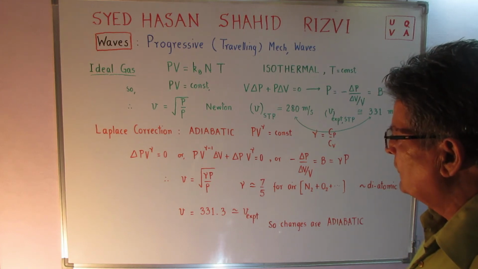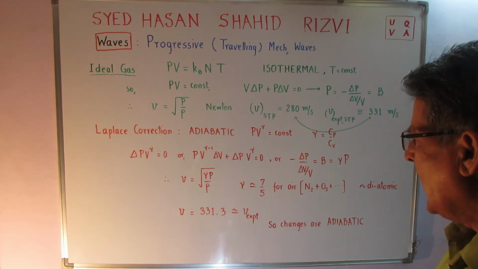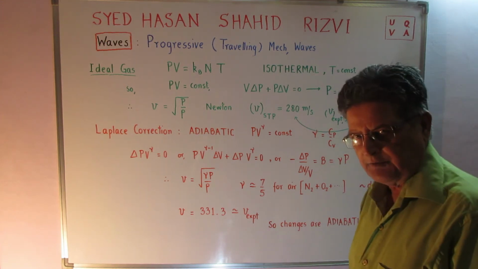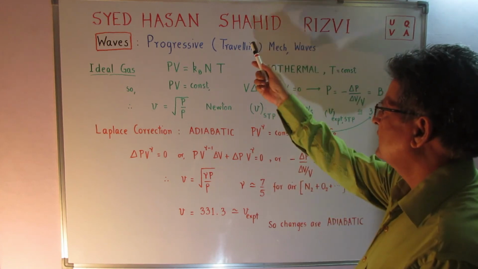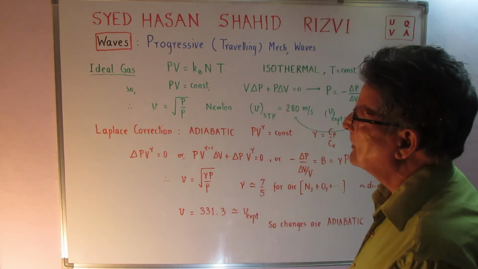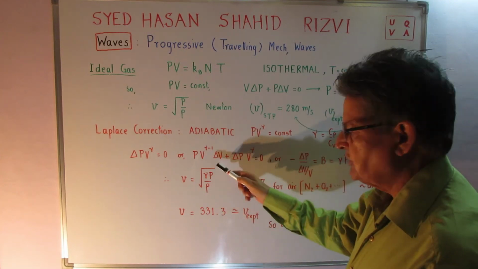Okay, so friends, we have come to the conclusion that for the material waves, the waves which are progressive, which are traveling, which are mechanical, and they are longitudinal, we have an equation like this.